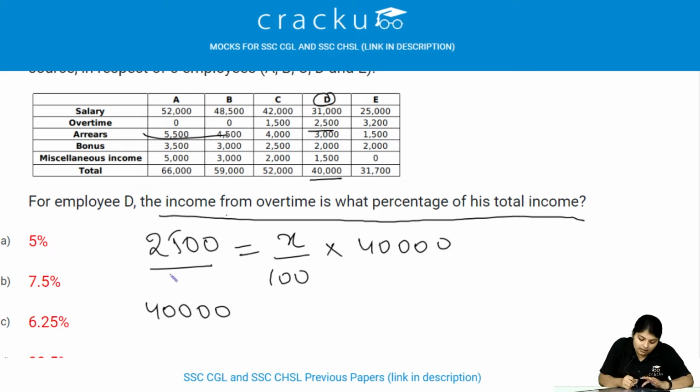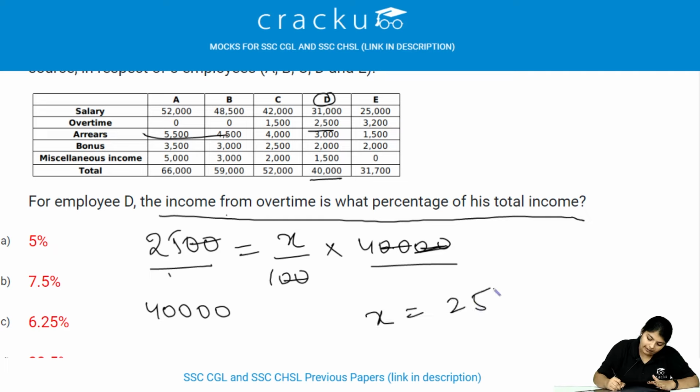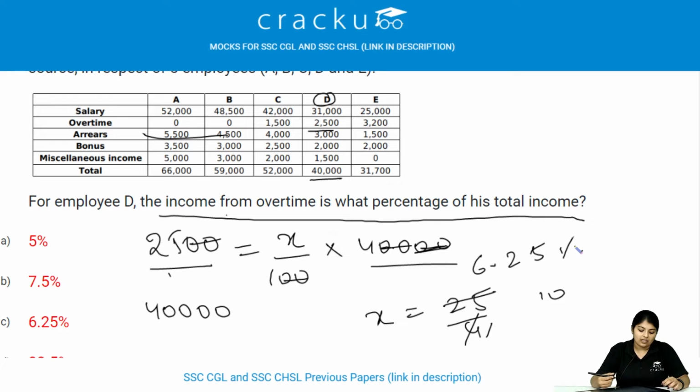The income is 2500, which is equal to x by 100 of total income. Total income is 40,000. Solving this for x, the 2s cancel and the 2 zeros get cancelled. So the answer will be x is equal to 25 by 4, that is 6.25%. So the answer is option C.